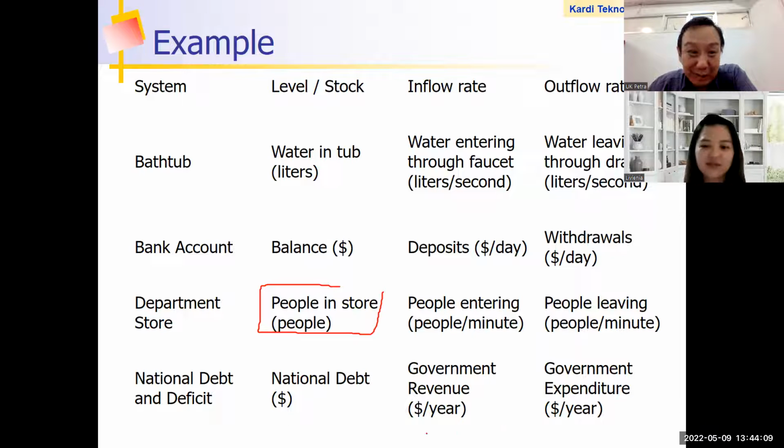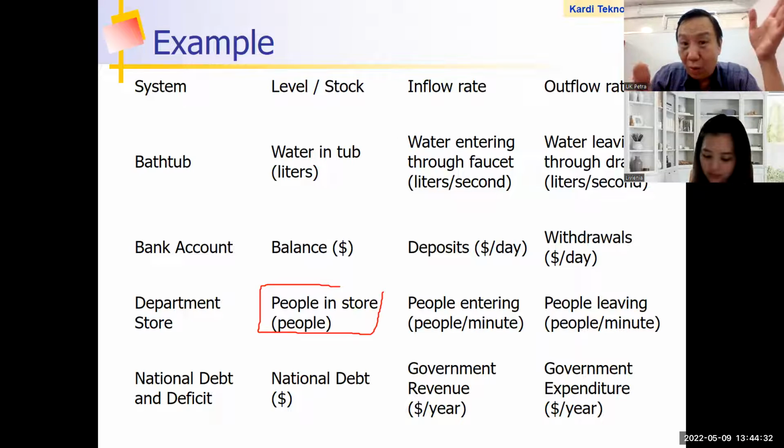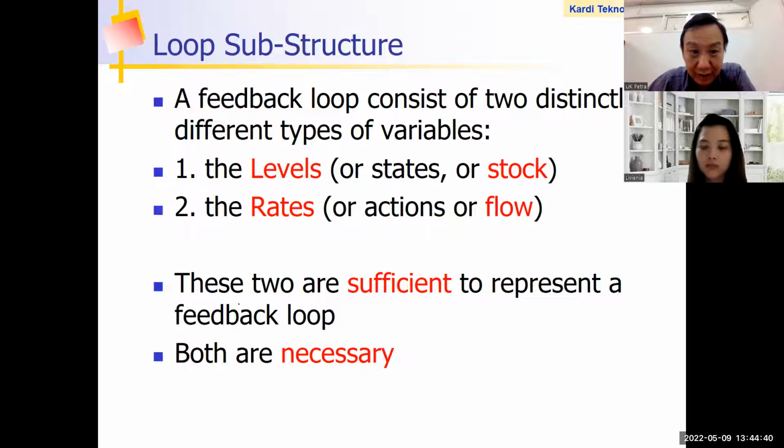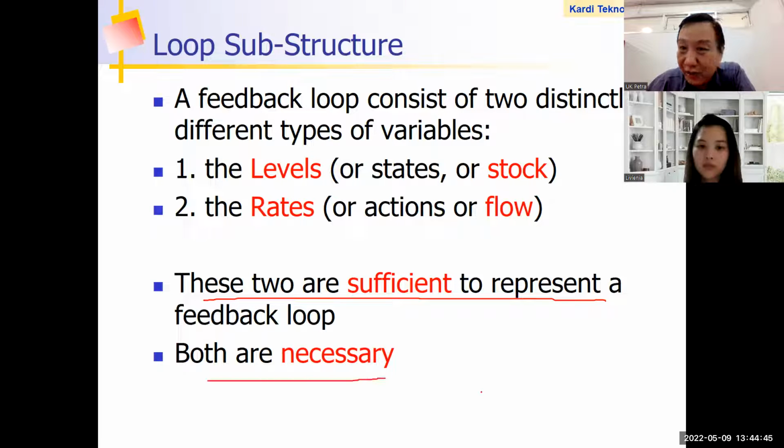So it's up to you to decide what model you want to make, because basically any model will have level and rate. If it is not dynamic, it only has flow, or only has level. But remember, earlier I said both are necessary and sufficient.